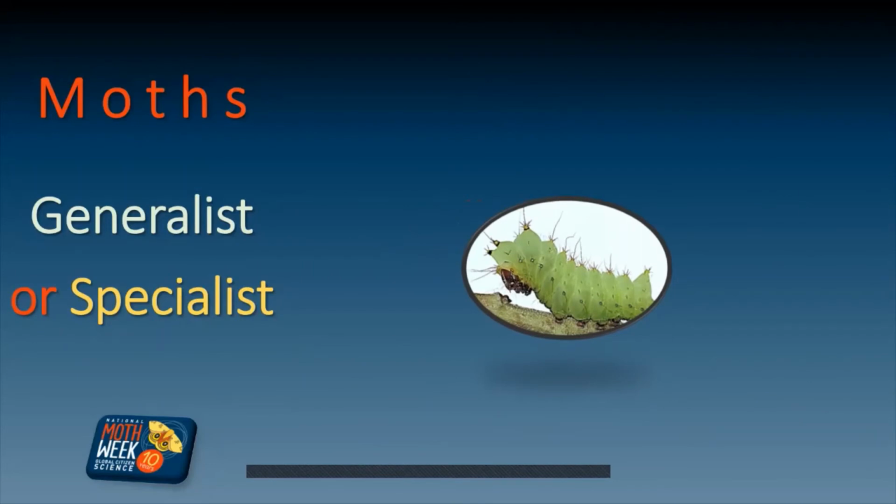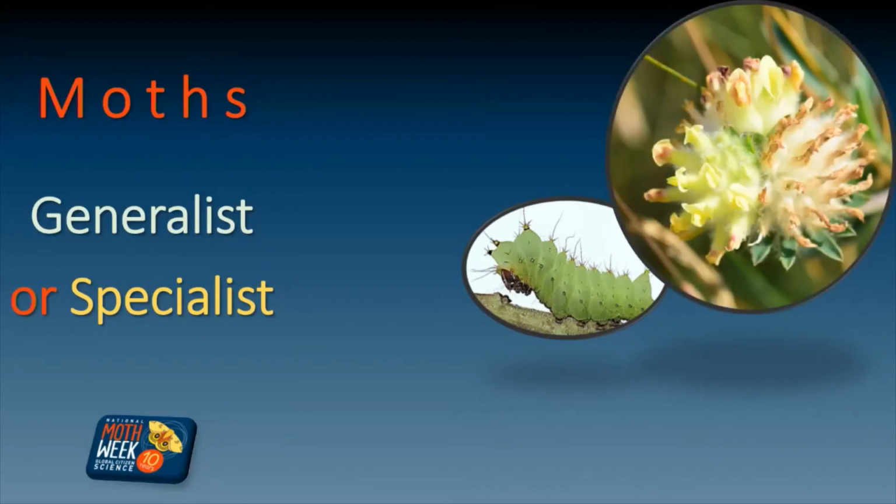Now, niches give rise to a strategy of, do I take one or do I take all? Am I a generalist or am I a specialist? So, for example, this is kidney vetch, or it's the flower and the seed of kidney vetch, and there are species that specialize on feeding in the flower and in the seed of kidney vetch.